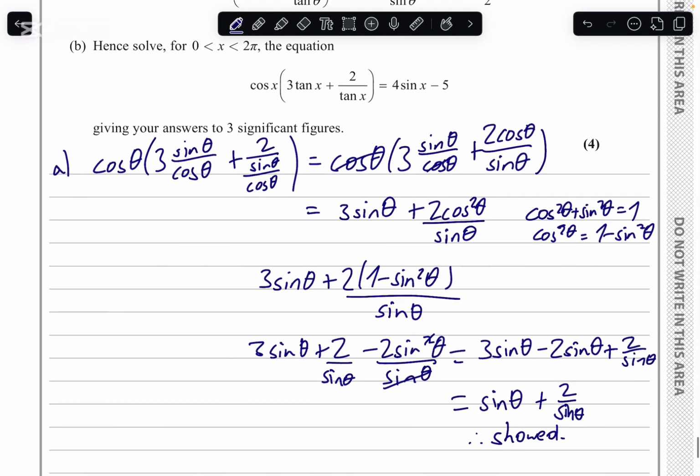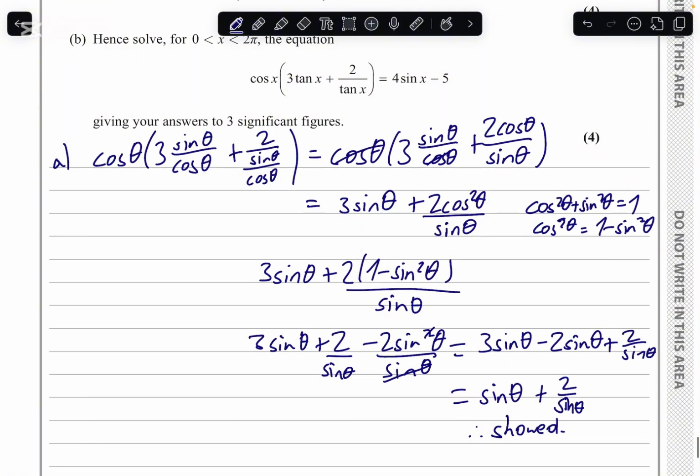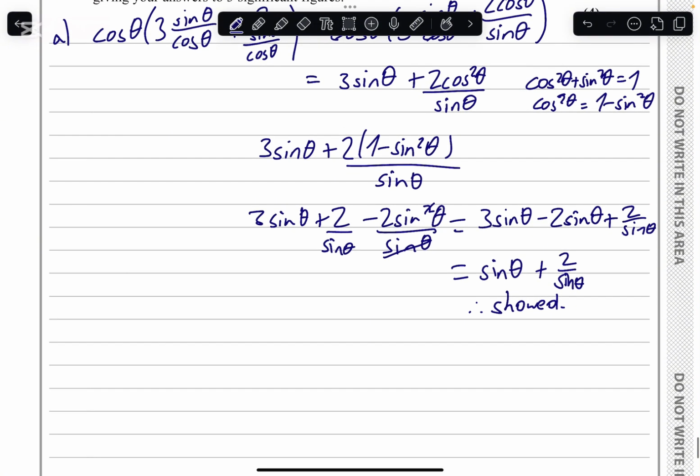In part B, it says, hence solve for when 0 smaller than x smaller than 2 pi, the equation of cos x times 3 tan x plus 2 over tan x is equal to 4 sin x minus 5. So we showed earlier that this is equal to this.